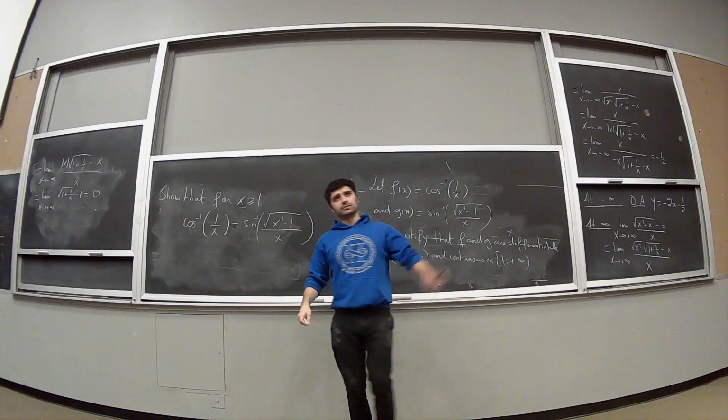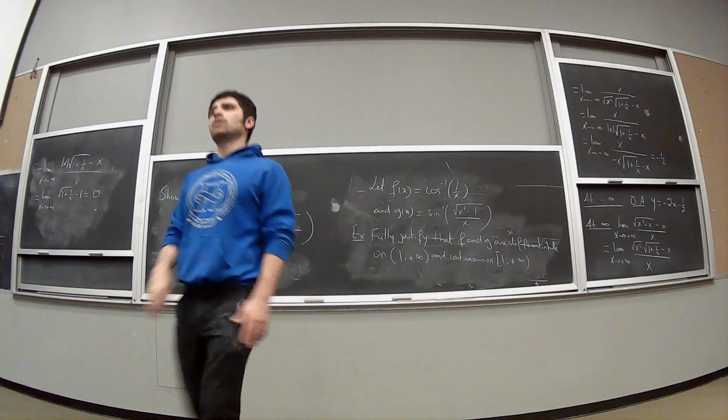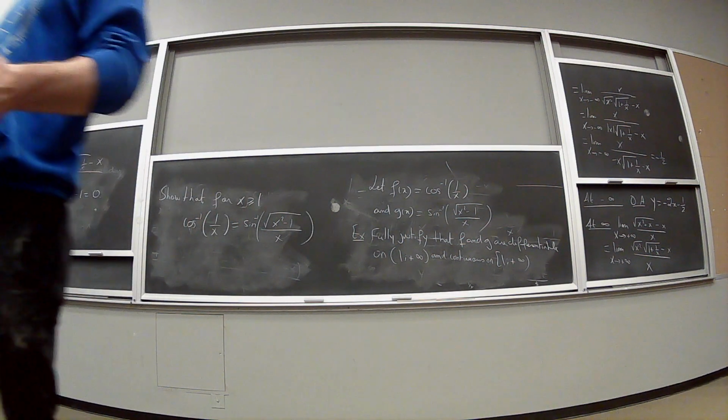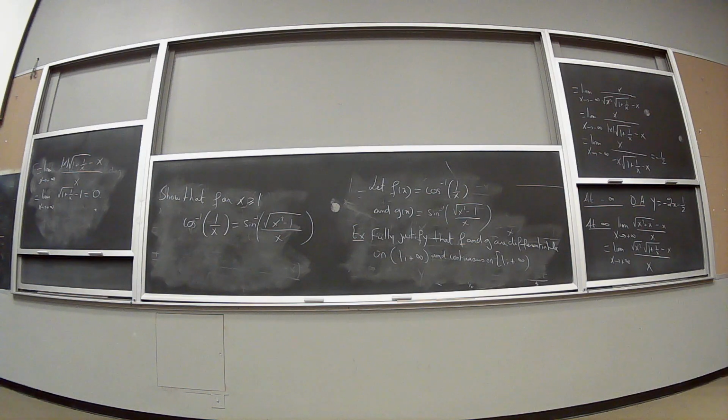Okay, I mean, this is obvious. Why? Because 1 over x is differentiable on the open interval 1 to infinity, and cos inverse is differentiable on 0 to 1, so the values of 1 over x are from 0 to 1, right? And then cos inverse is differentiable there.